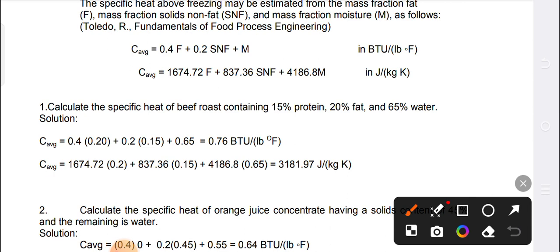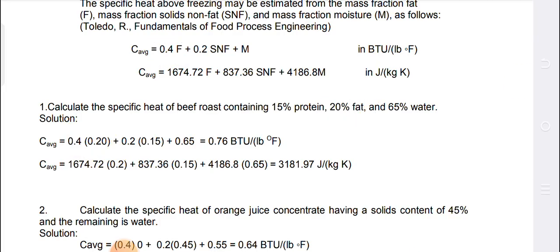So 0.2 would be for the fat. So that's why you have 0.4 F, 0.4 times 0.2, and or rather 0.2 times 1674.72. So that would be parang direct substitution, no?